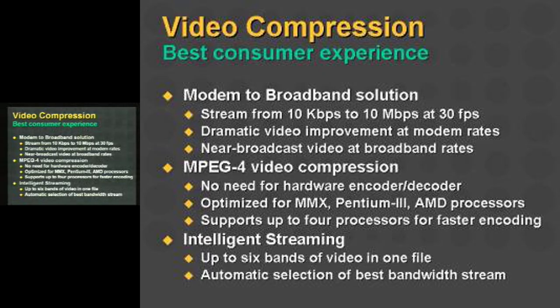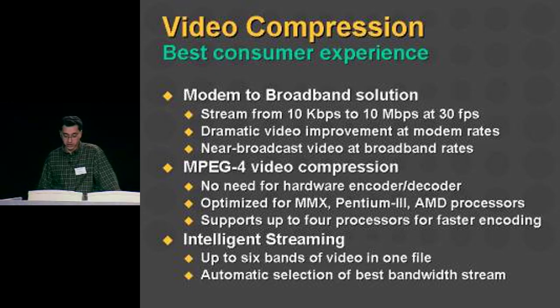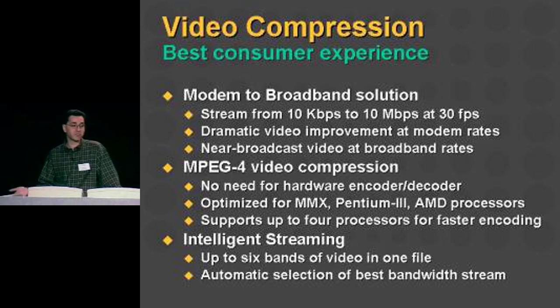We can use as many as 4 simultaneous processors to speed up the encoding. We used optimizations for AMD K7. We use optimizations for Pentium 3, the SSE instructions, and of course, if you have an old Pentium system, we use MMX instruction sets. And all of that combines to give you very, very fast performance. Compare, for example, to the QuickTime Sorensen codec.